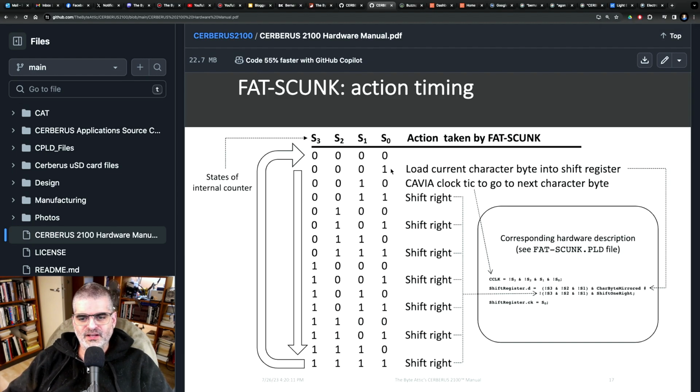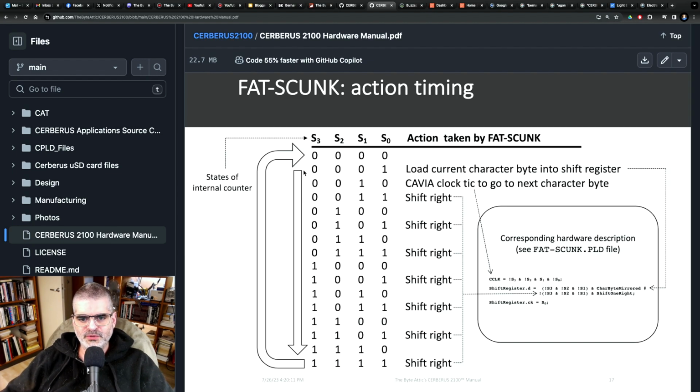Nothing happens. So this condition only happens on this line, where S3 is 0, and S2 is 0, and S1 is 0, and we have a clock. Then I will put the char byte mirrored into the shift register. In other words, I'm loading the shift register with a new value coming from character memory.